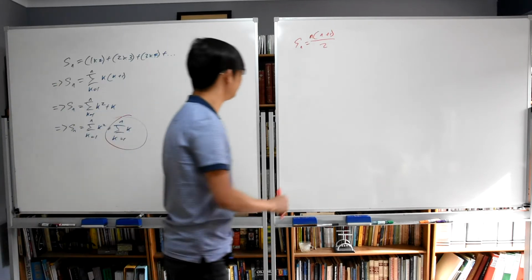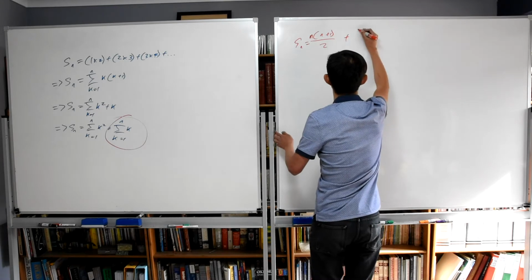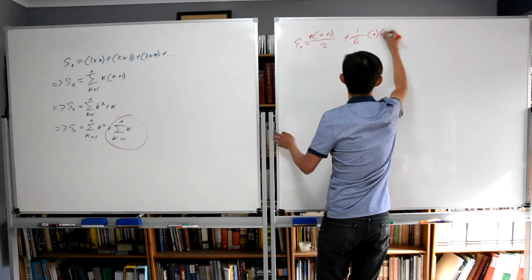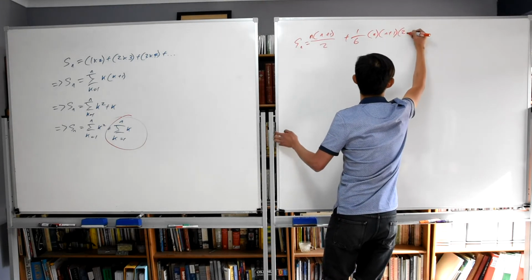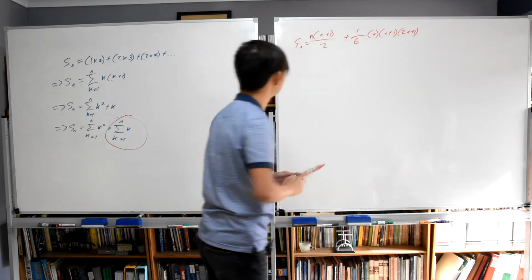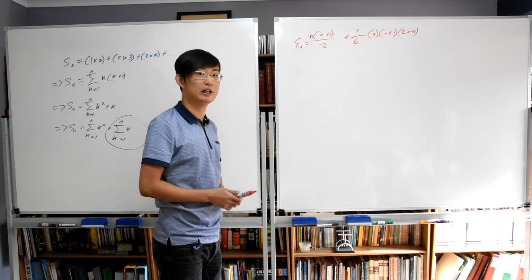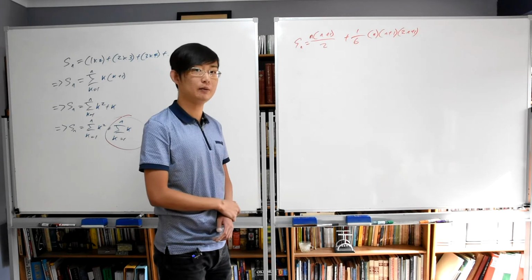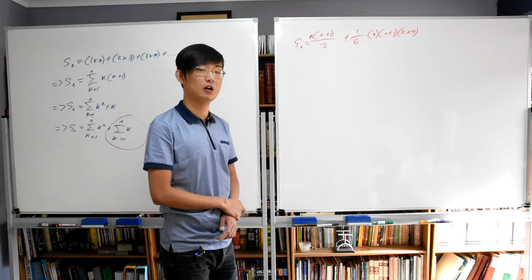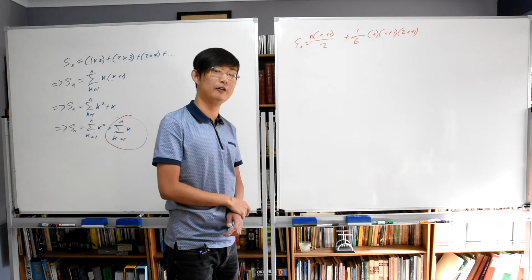Stated without proof, when are we going to see sums of powers ever again? We're going to see them when we do our statistics, when we start doing stuff like variance.